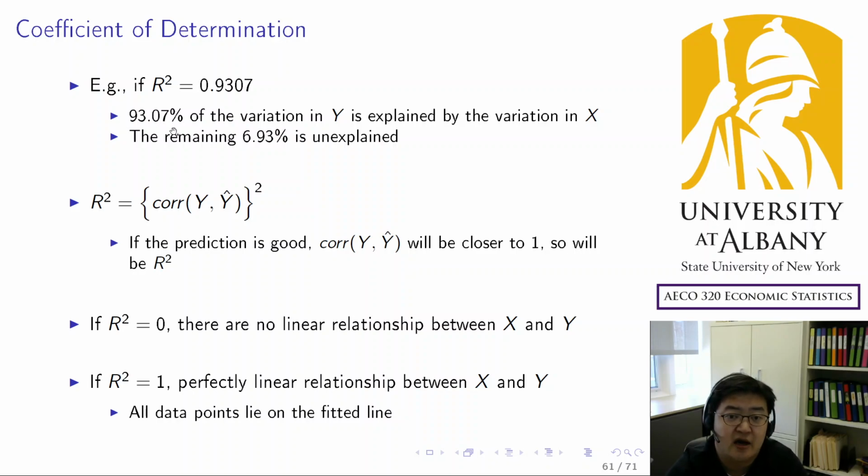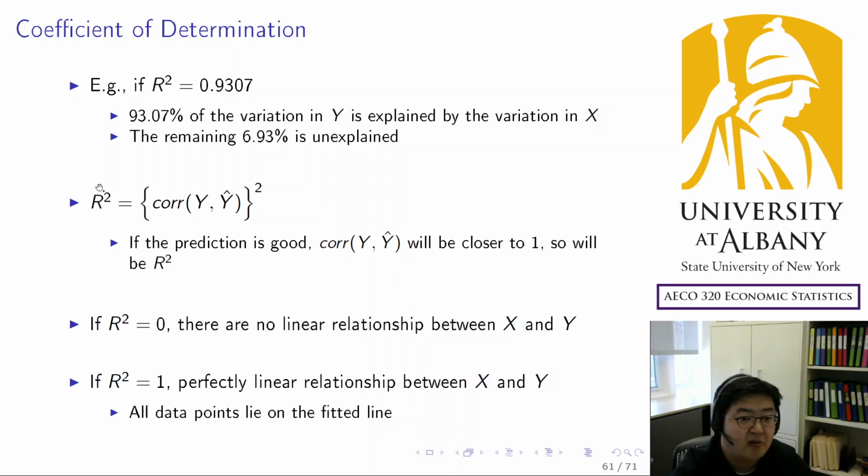As you can see, in our simple example, 93% is explained. That means the other around 7% is not explained. That 7% is attributed to a random error, unknown error. That's not explainable. And also, there is an interesting relationship.